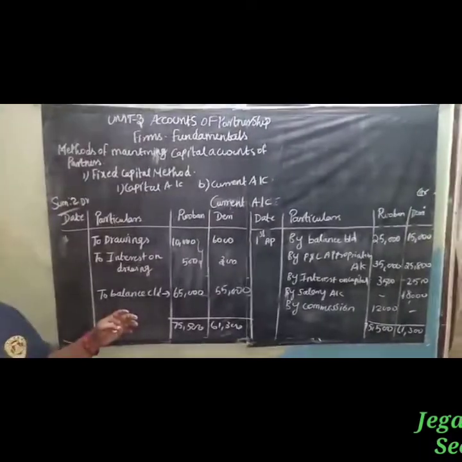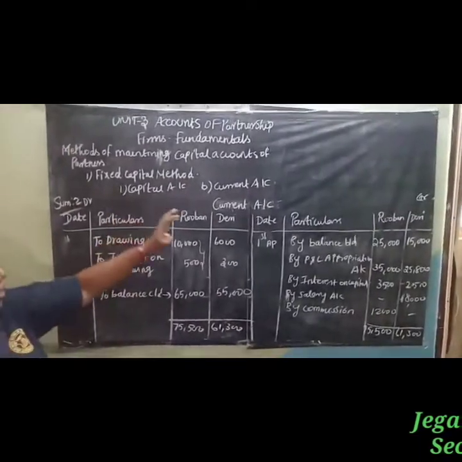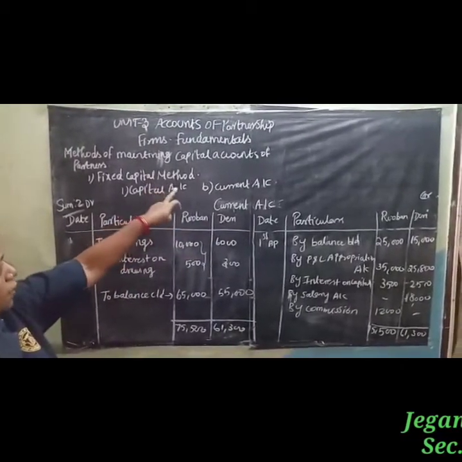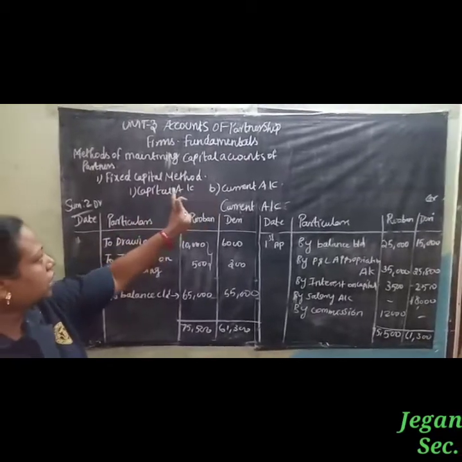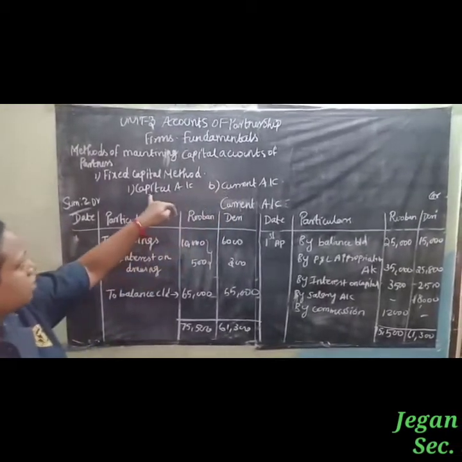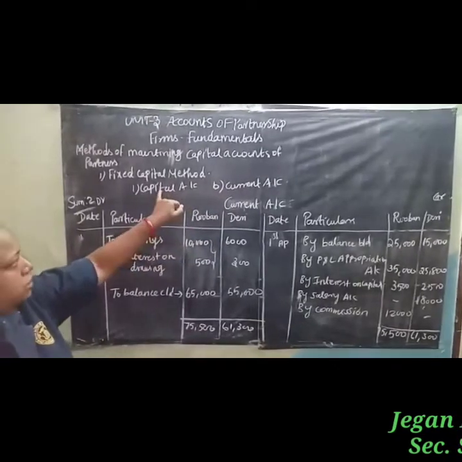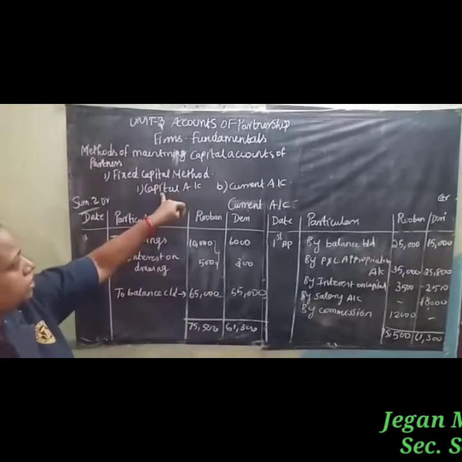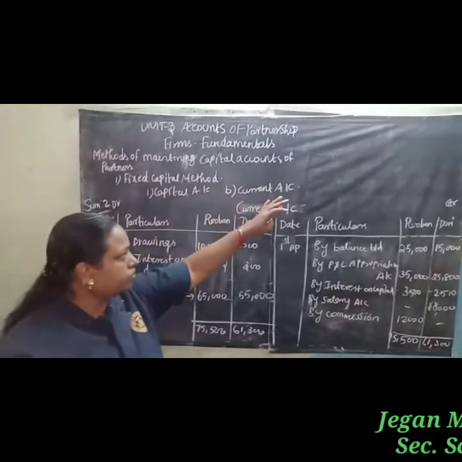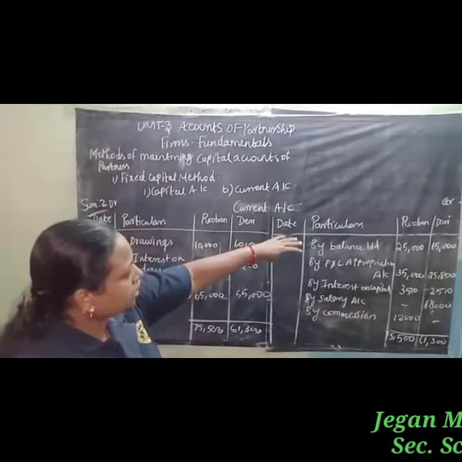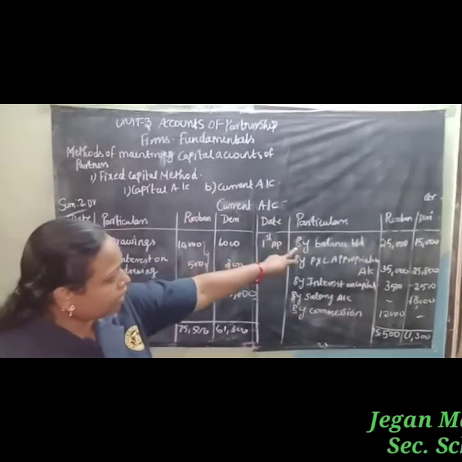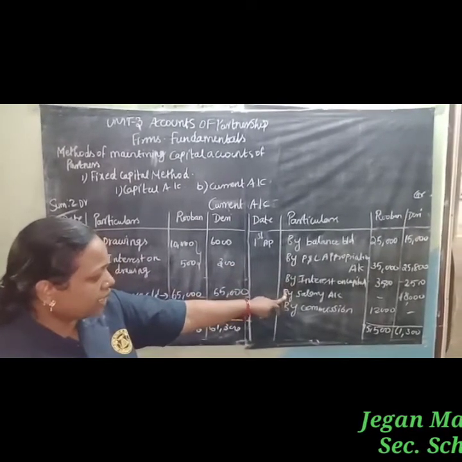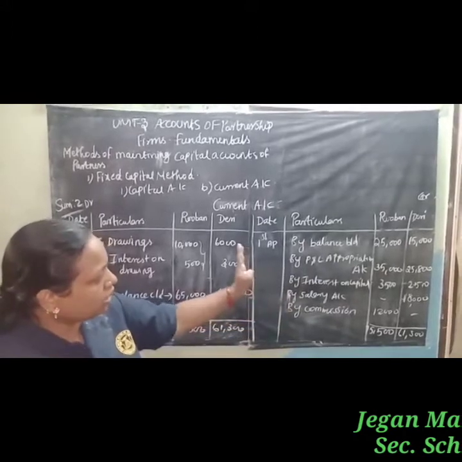So in this sum Reuben and Derry are partners, and we have to prepare the fixed capital method. Fixed capital method means we prepare two accounts, the capital account and the current account. In the capital account we enter only the partners' capital amount and additional capital. In the current account we write the partners' current balance, share of profit, interest on capital, salary and commission; all these items are on the credit side.